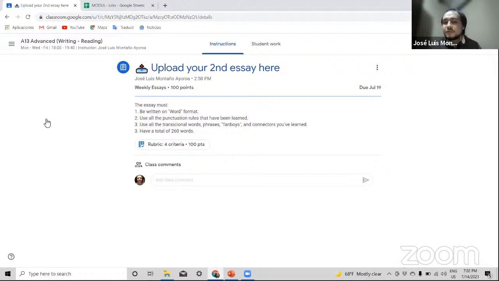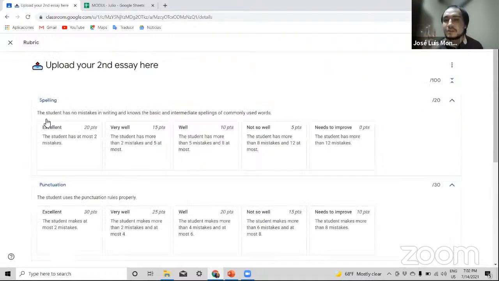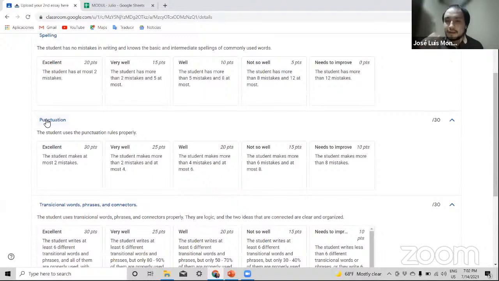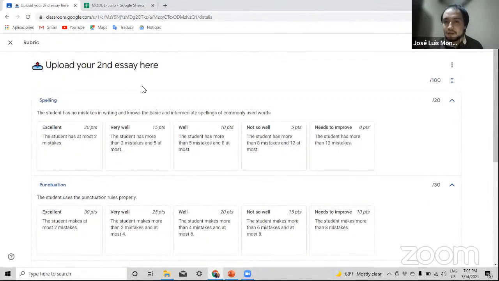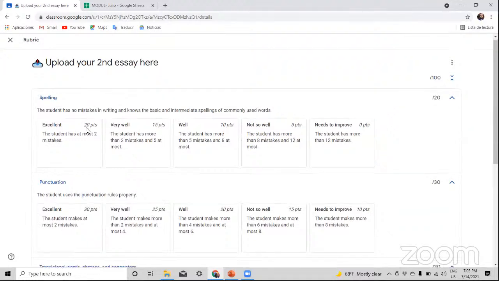Now you have a little variations, but it's actually the same, plus 1 extra criteria. The spelling is the same criteria, spelling, all right? If you make mistakes in writing, you're going to lose points, but you can only lose a maximum, and of course, you can earn 20 points if you do everything correctly.